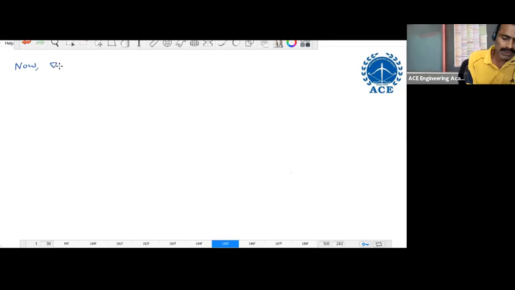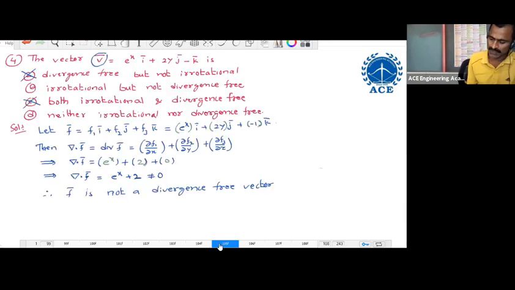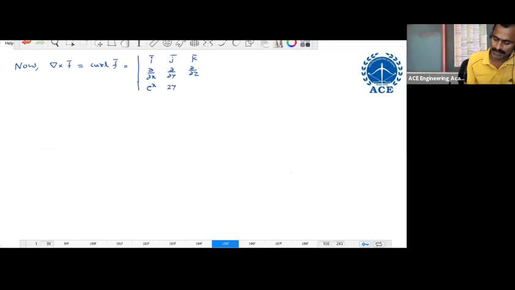Now del cross f bar equals curl f bar equals the third order determinant with i bar, j bar, k bar; ∂/∂x, ∂/∂y, ∂/∂z; f1 is e^x, f2 is 2y, and f3 is minus 1.